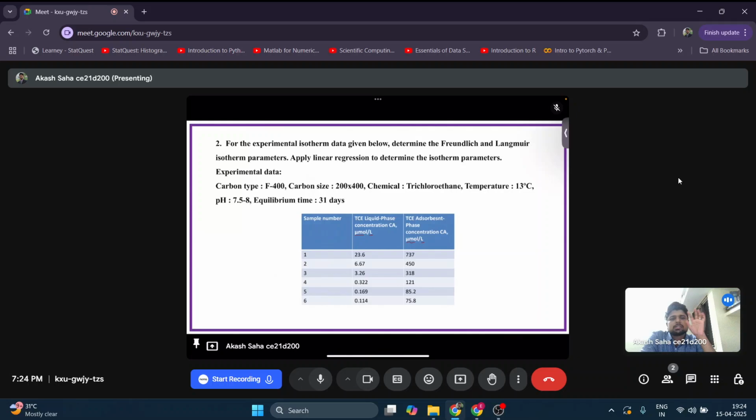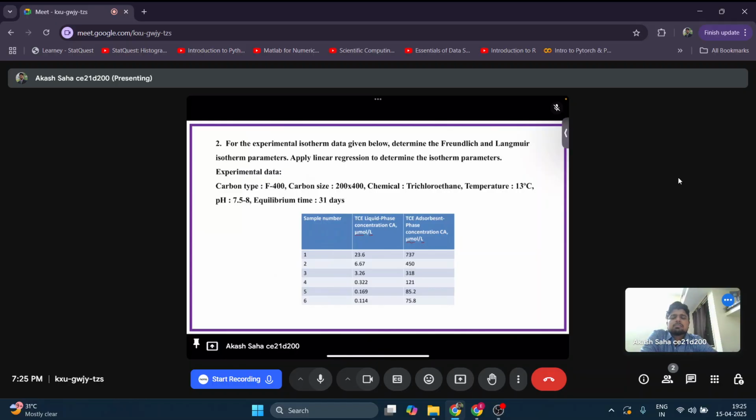So this question will give you an idea on how to experimentally get the parameter values of the Langmuir and the Freundlich isotherm. Okay, so it says that for experimental isotherm data given below, determine the Freundlich and Langmuir isotherm parameters. Apply linear regression to determine the isotherm parameters.